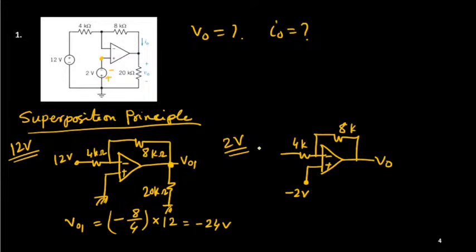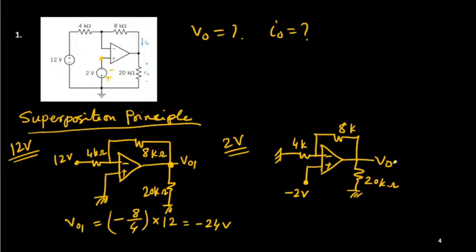And the 12 volt source I have removed, so this I have made grounded. This circuit is very simple. The load is connected, but I said that it doesn't matter whatever load you connect, the output voltage will remain the same.